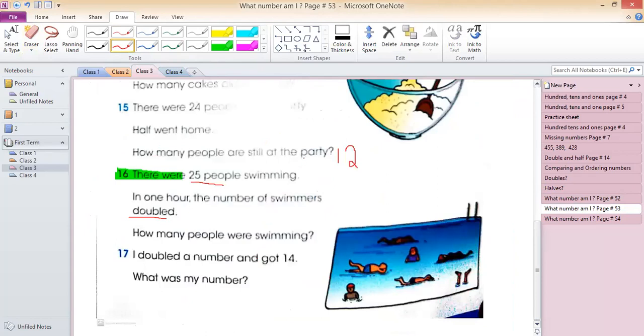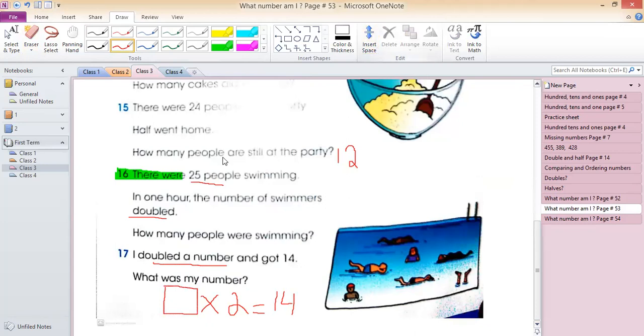In question number 17, you know that you doubled the number. That means there is a number which you multiplied by 2 and the result you get is 14. If you want to find out that number, what will you do? I'm going to open your mic and you will tell me.